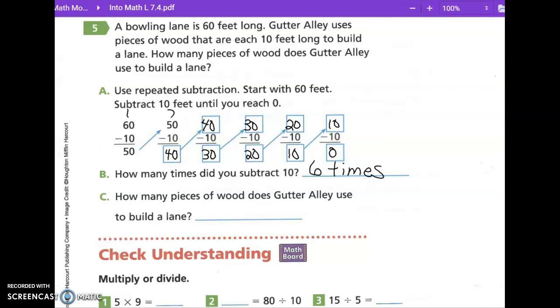How many pieces of wood does Gutter Alley use to build a lane? How many did we find out? 6. 6 pieces.